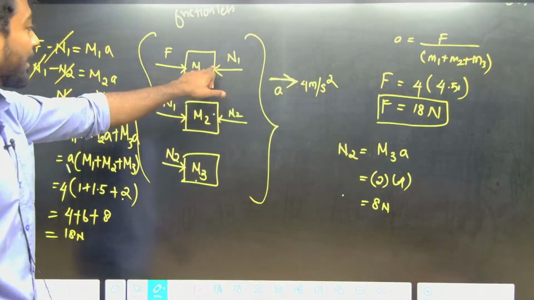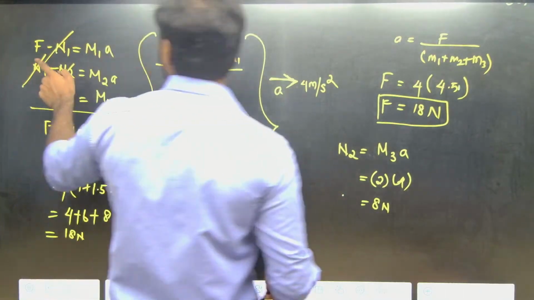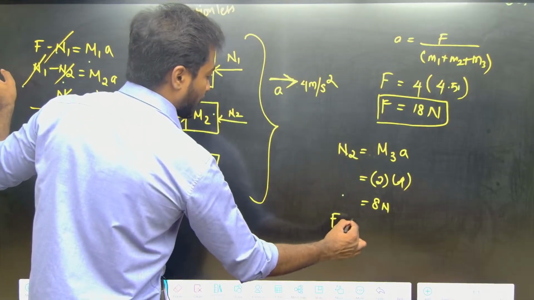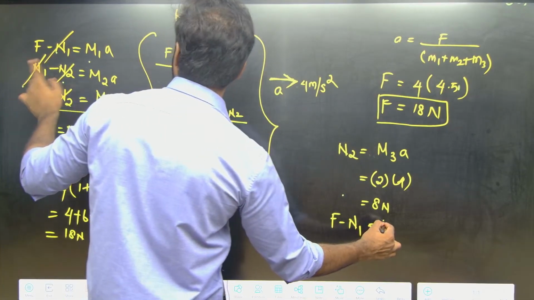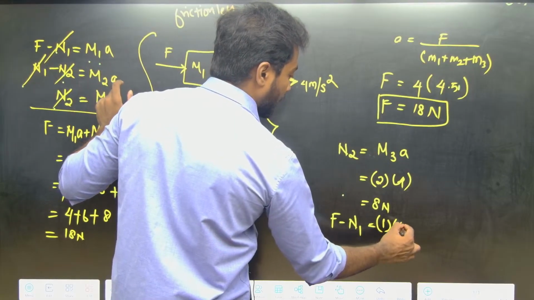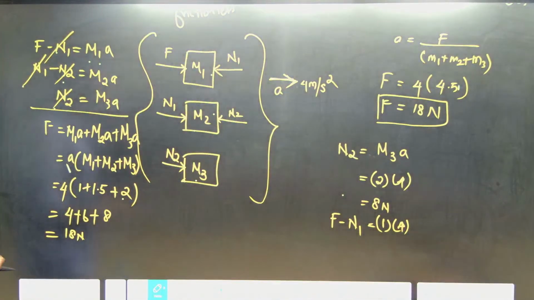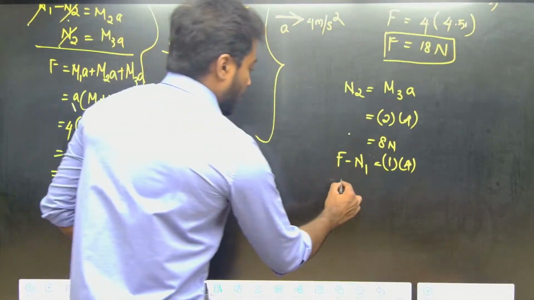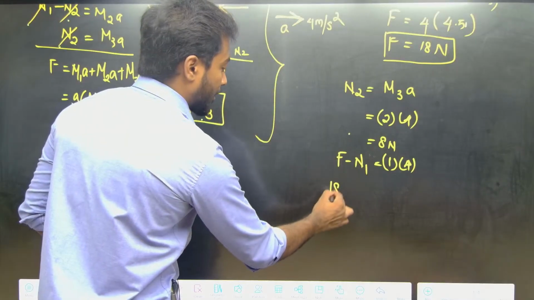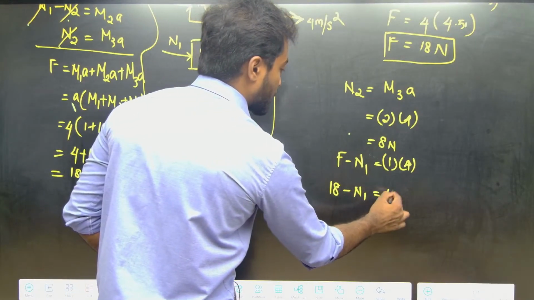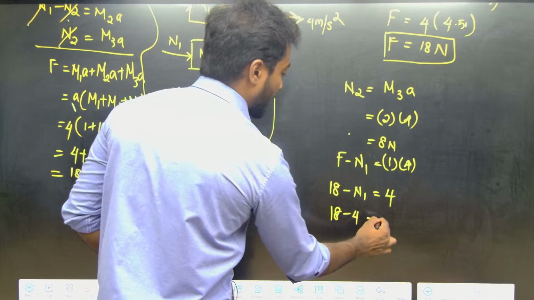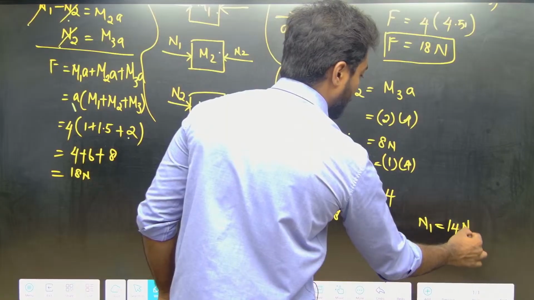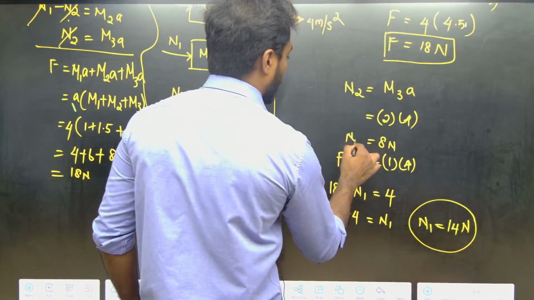What about the force acting between M1 and M2? Either you can use the first equation or the second equation. Let me take the first equation. F minus N1 equals M1A, where M1 is 1 kg and acceleration is 4 meter per second square. F we know, so 18 minus N1 equals 4. So 18 minus 4 equals N1. N1 is equal to 14 Newton, and N2 is equal to 8 Newton.